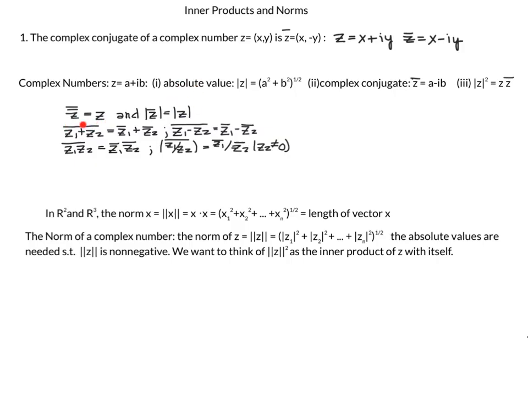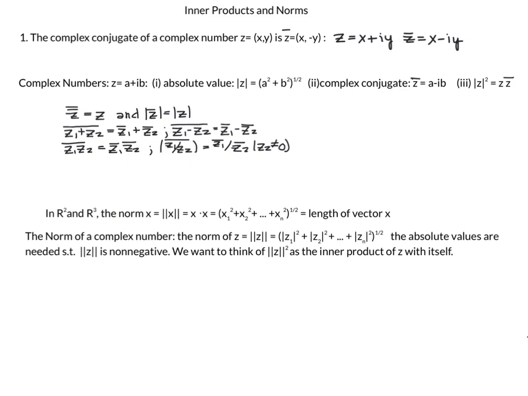We have the complex conjugate of z1 plus z2 equal to the complex conjugate of z1 plus the complex conjugate of z2, and similarly for subtraction. And then we also have the complex conjugate of z1 times z2 is equal to the complex conjugate of z1 times the complex conjugate of z2, and a similar rule for division.